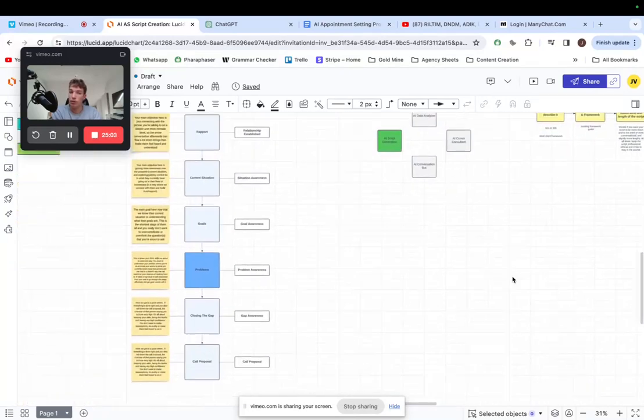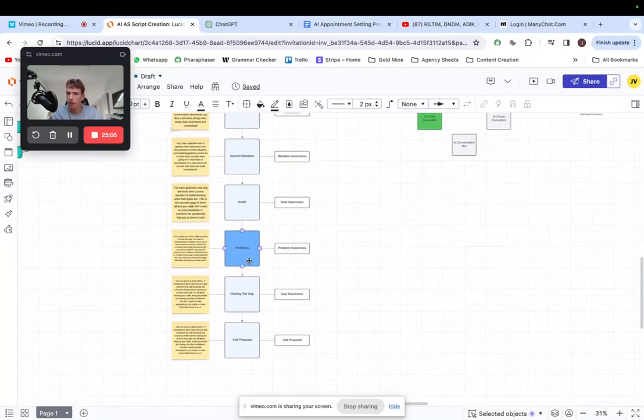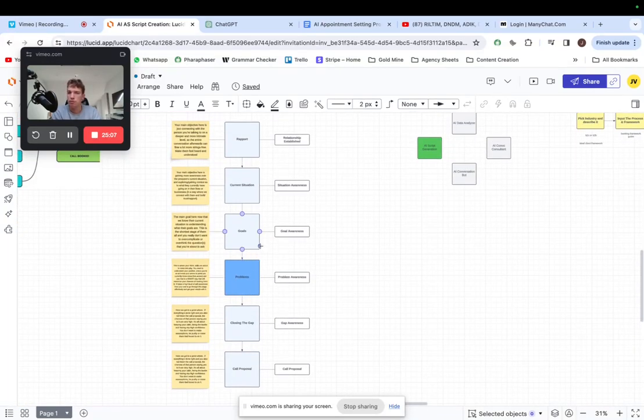If you have been talking about goals or problems, don't go back into the current situation, or vice versa, don't jump into the call proposal. It can happen sometimes naturally in the conversation, talking about the problems and then going back to their current situation. But keep a straight line at all times, and just move through the phases smoothly.